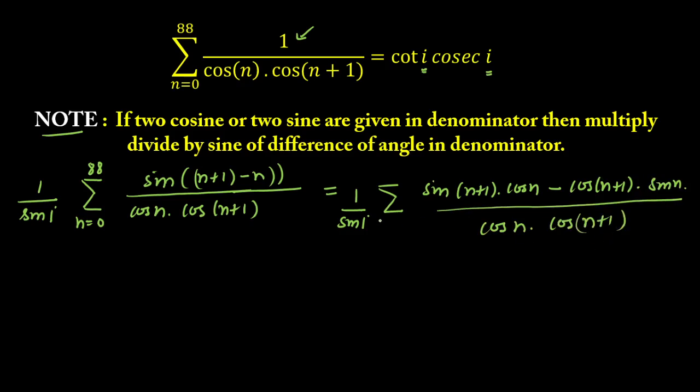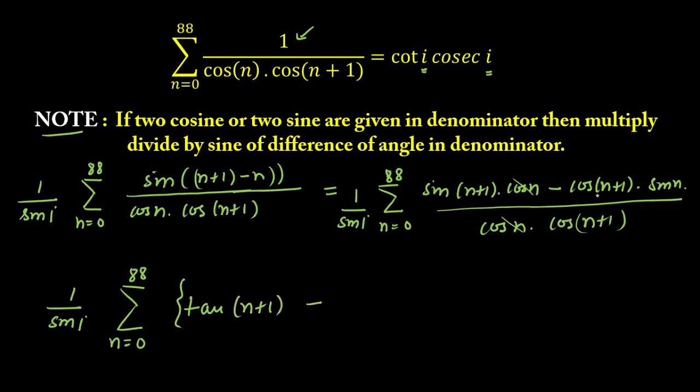Now in the summation I'll separate out the terms. I'll divide the first term by cos of n multiplied by cos of n plus 1, and I'll do this for the second term also, keeping 1 upon sine 1 degree as it is, with n varying from 0 to 88. In the first term, cos of n will cancel out with cos of n, and the remaining is sine of n plus 1 upon cos of n plus 1, which gives me tan of n plus 1.